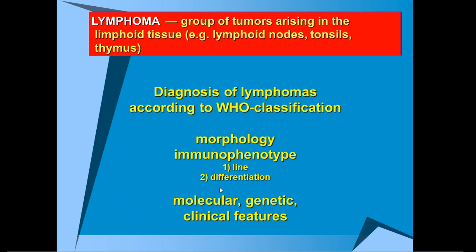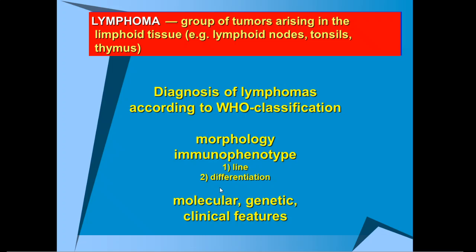So if we take a biopsy from bone marrow, there are no changes. If we check the blood, there are no tumor cells at all. That's why this is lymphoma.